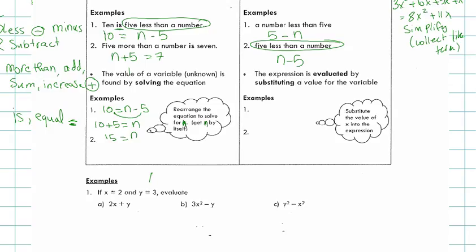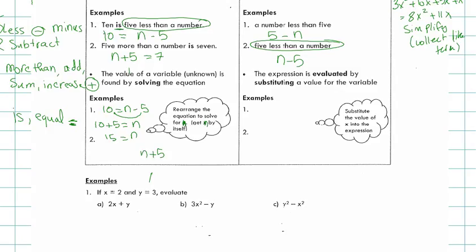Okay? Let's look at the second example. If I want to isolate for n, so I have n plus 5 equals 7. What thing do I have to move to the other side? The plus 5, right? Because the goal is to leave the letter by itself. So you want to leave n by itself. Now you have to move that plus 5 over. Since it's positive, what's the opposite of positive?